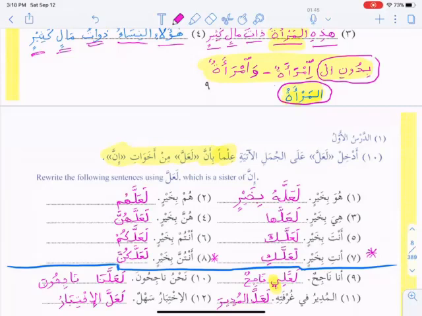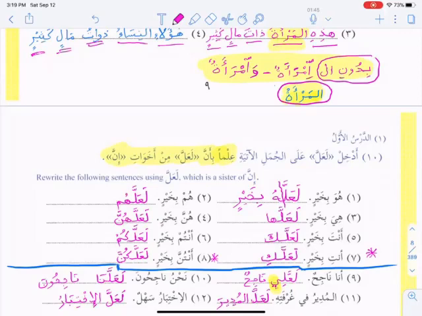Okay, so now my brother and sister, we analyze it, very simple. What is la'alla, one of the sisters of inna? What is the speciality of la'alla? Its ism will be mansub and its khabar will be marfu. La'allahu bi khairin, but sometimes a jar majrur comes, and I don't want to go into more detail. With bi khairin we can say shibhu jumla fi mahali raf'in khabar, but don't worry about that.